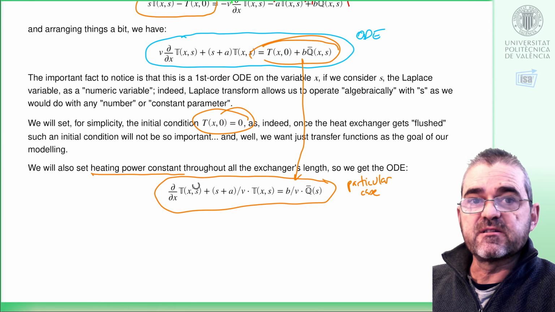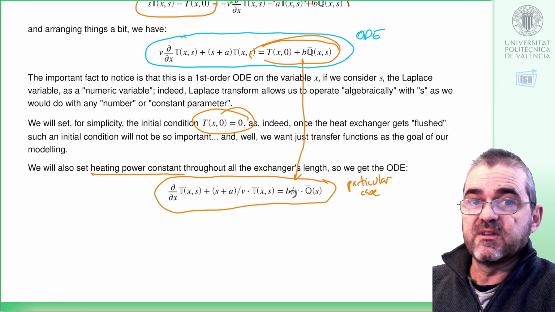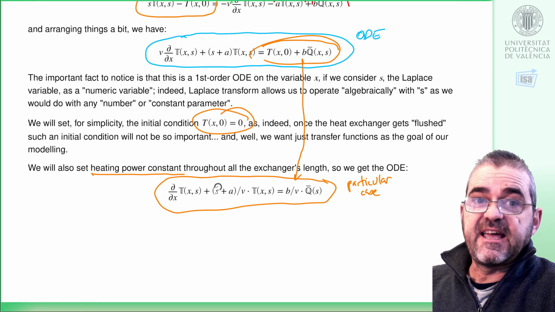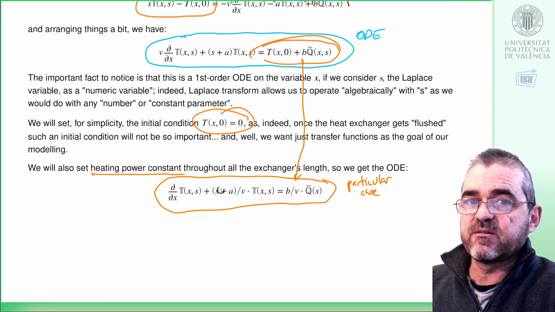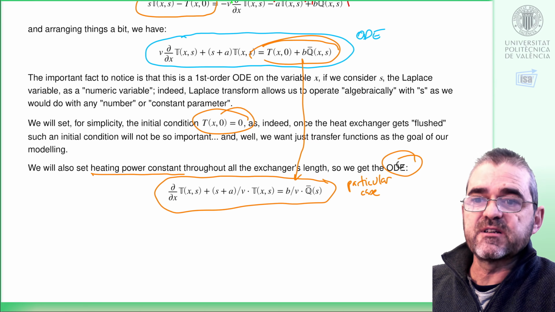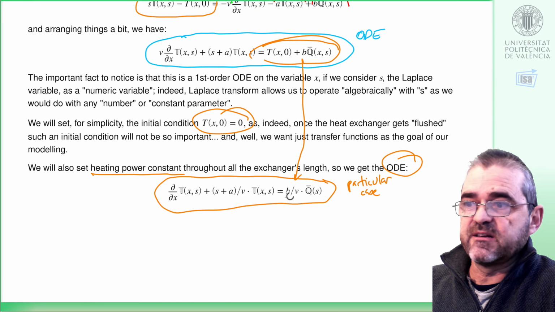So let's concentrate on solving this equation, in which the most important idea is considering that s is an algebraic variable. I am not taking derivatives with respect to it. Then this is an ordinary differential equation, in which we take derivatives with respect to just one variable.